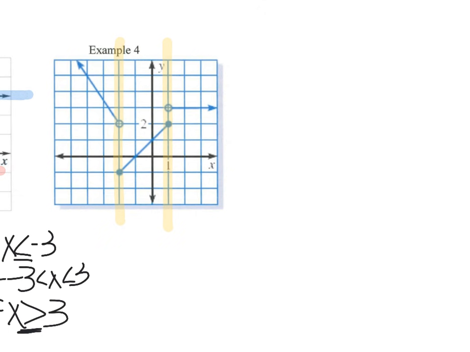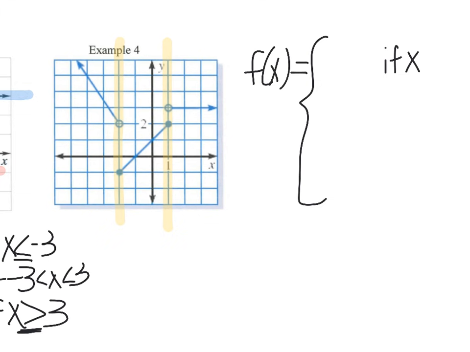So if we're writing our piecewise function, we say f of x when, we've got 3 different parts here, so if x is less than -2, if x is between -2 and +1, and if x is greater than +1.